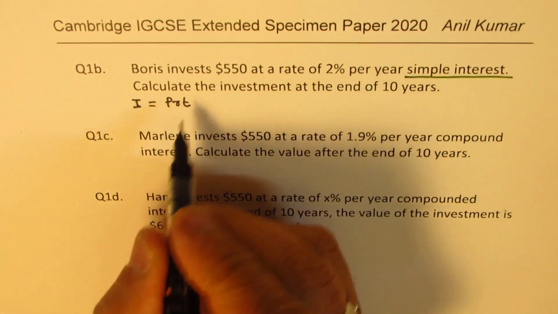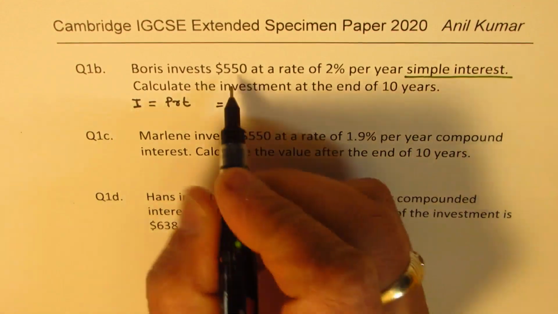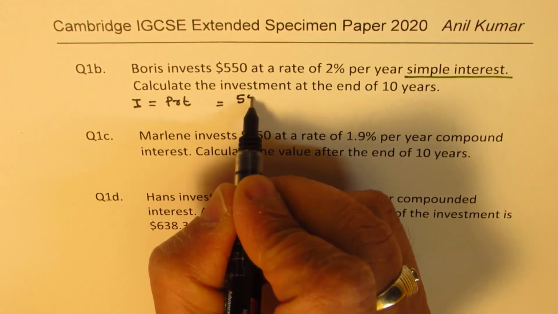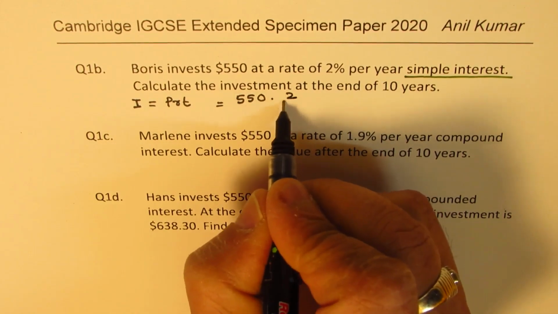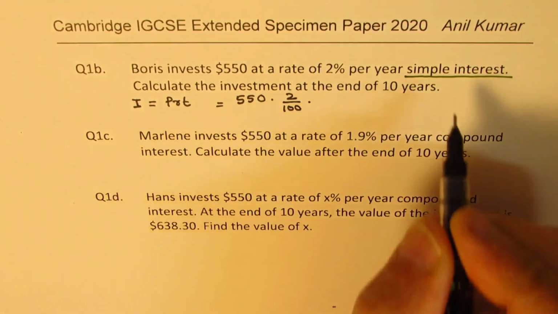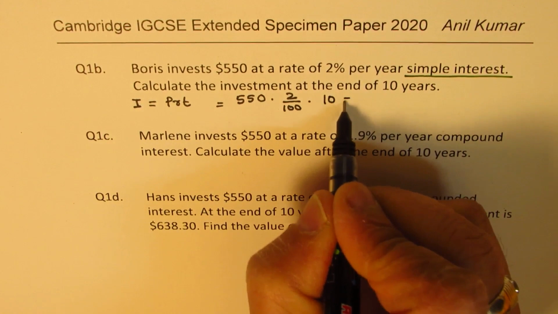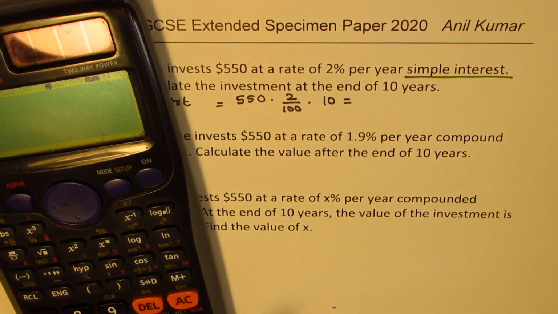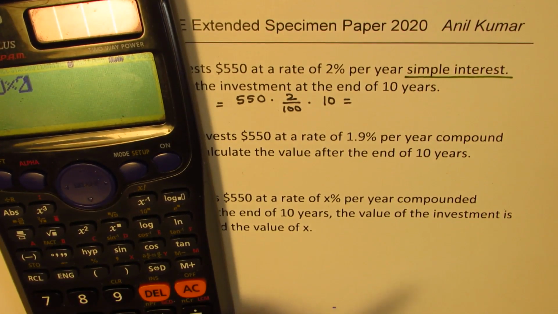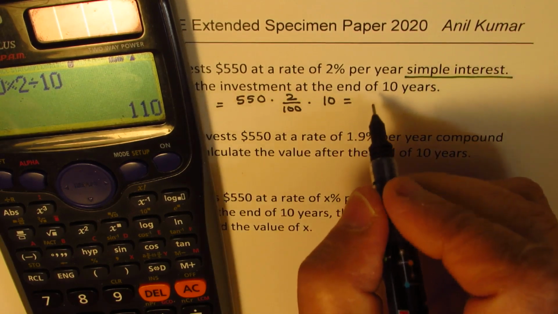amount, right? So interest earned in this particular case is principal of 550, rate is 2%, that is 2 over 100, right? And the time is 10 years. So that is the interest earned. So we'll do 550 times 2 divide by 10, right? So we can do this, 110.